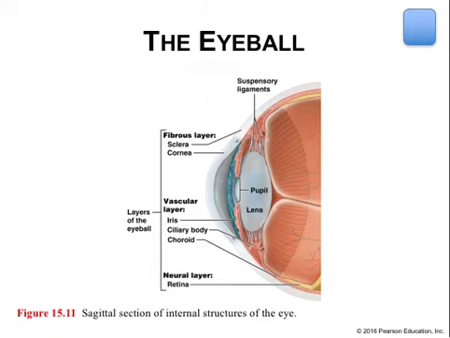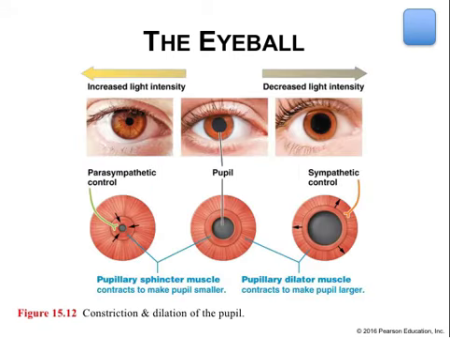The iris is the colored region of the anterior eye, and it's an extension of the vascular layer. The amount of pigment known as melanin determines the iris color, and again, this is all inherited. The pupil is the opening found in the center of the iris through which the light enters the eyeball. The pupillary sphincter muscle, which is found in the iris, contracts during parasympathetic stimulation.